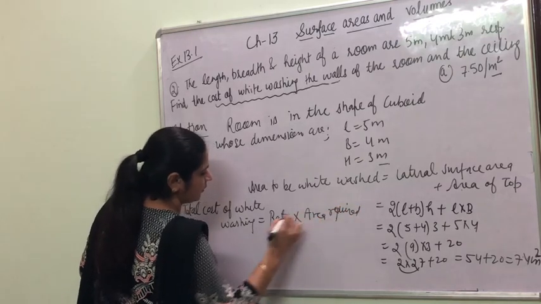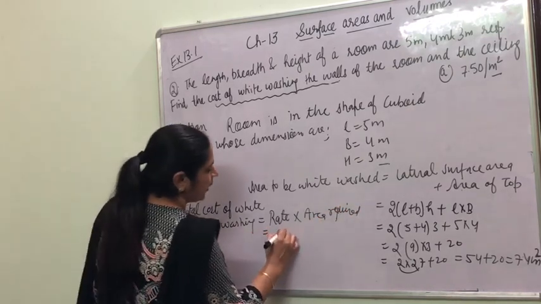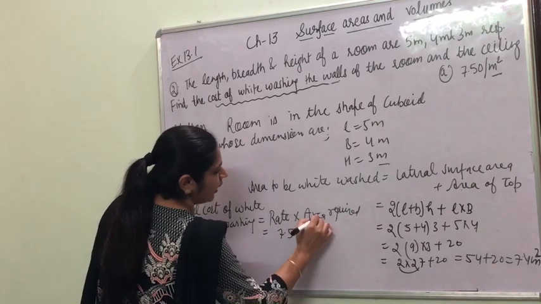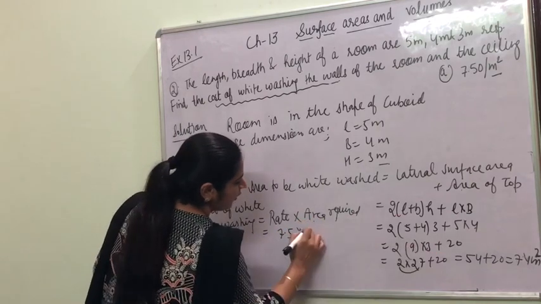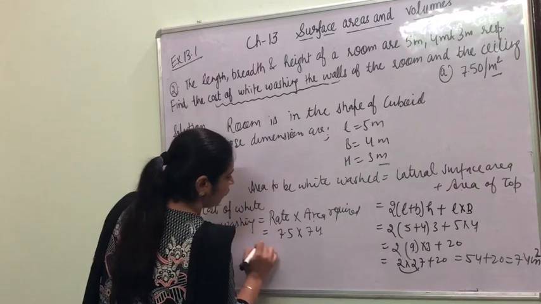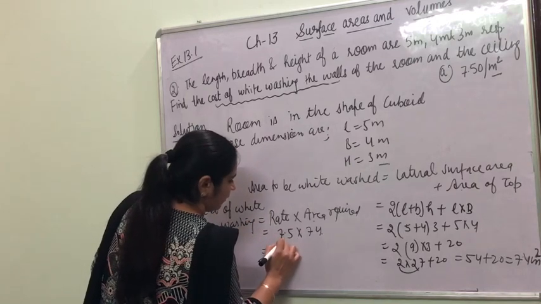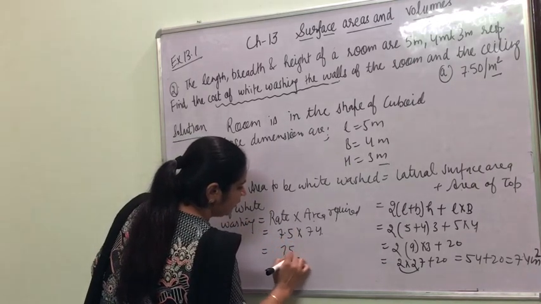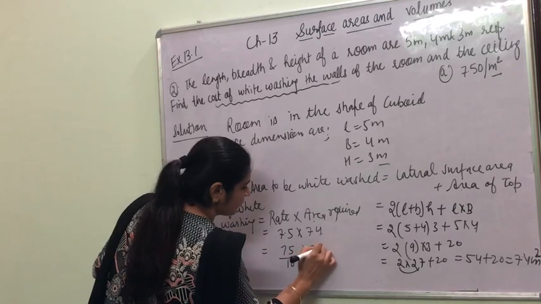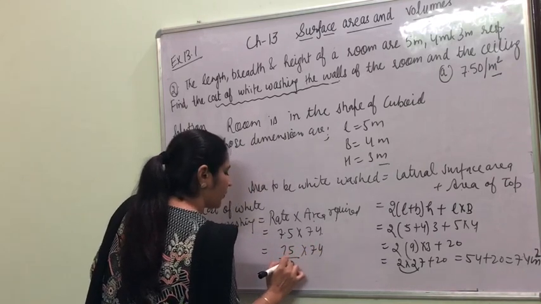Rate is 7.5 per meter square and the area required, which we have found, is 74 meter square. When we remove this decimal, 10 will come in the denominator.